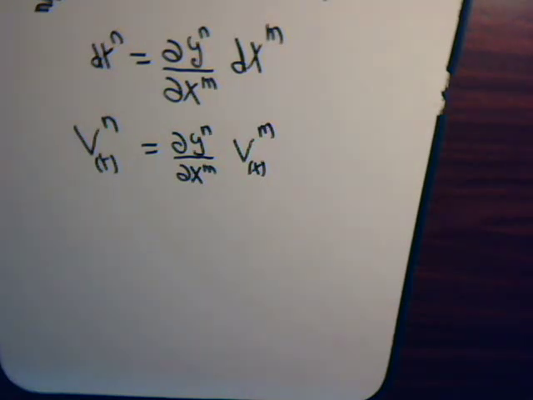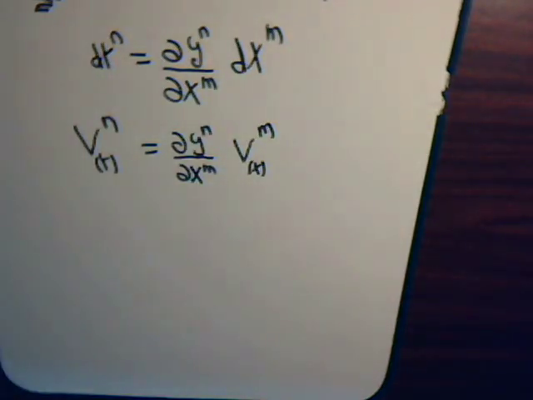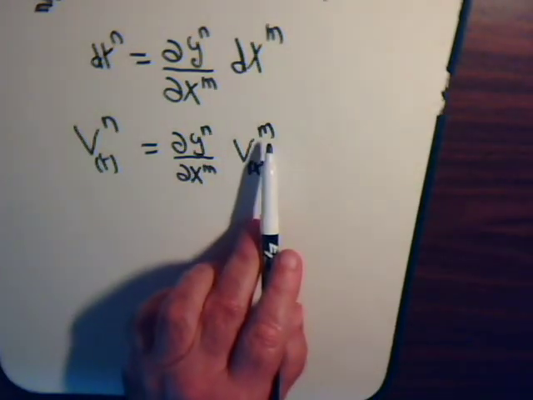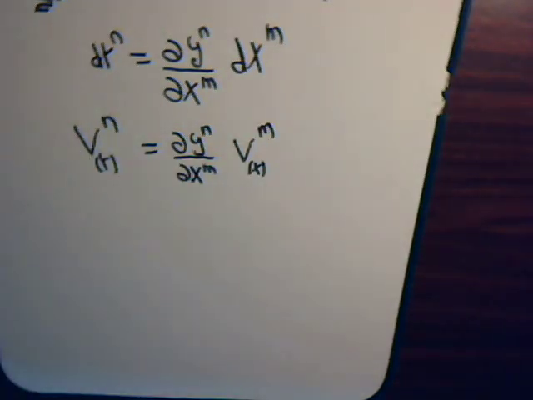And when you can transform that analogously to how the displacement vector transforms, then that's called a contravariant vector. And those are depicted by having their components written as superscripts.